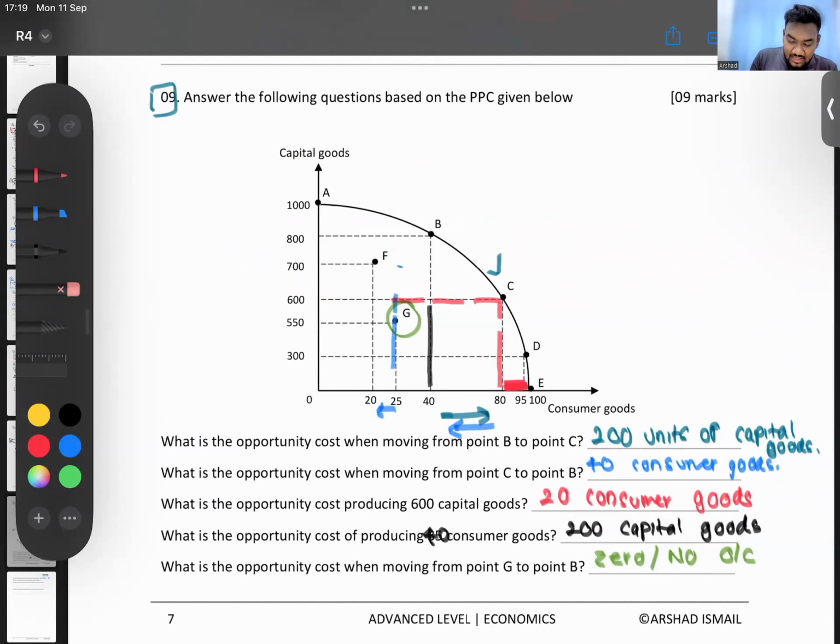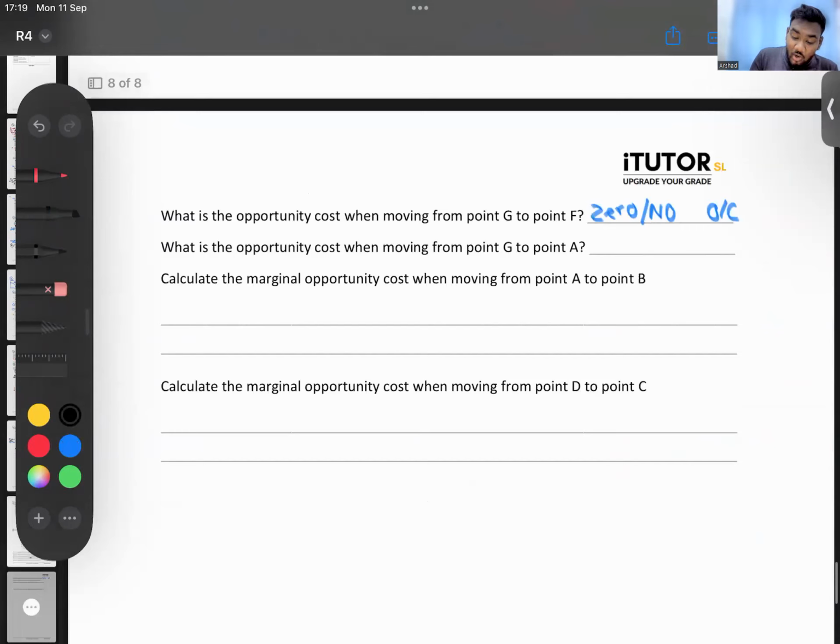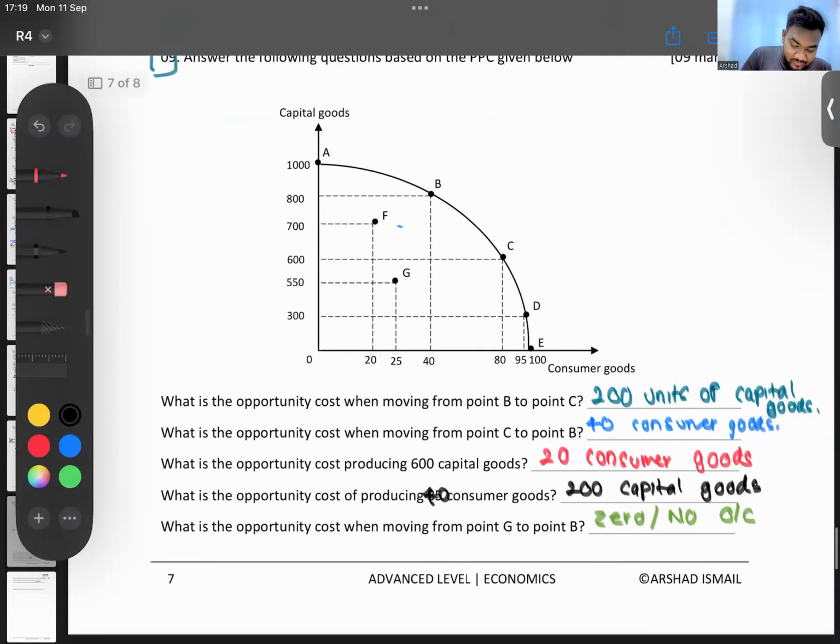Okay. Now they are also asking for an opportunity cost. The next one is asking, what is the opportunity cost from moving from G to A? Point G to A. What do you think? Now, G to F, there was no opportunity cost.